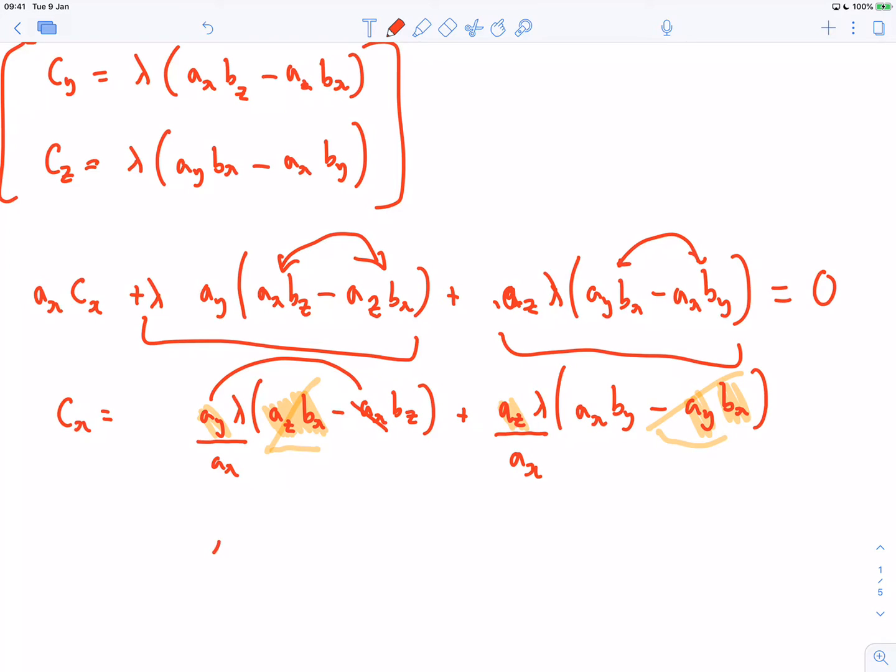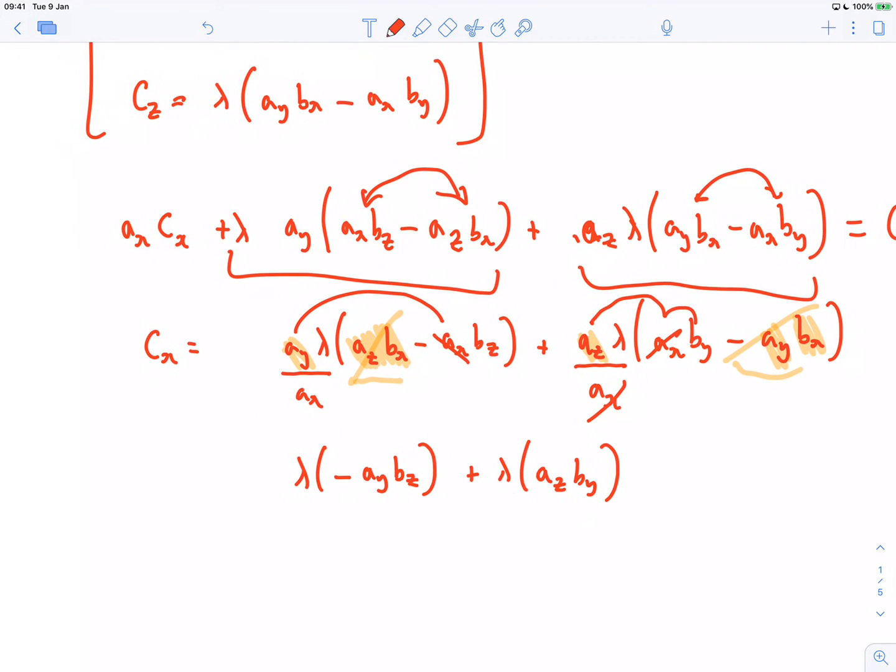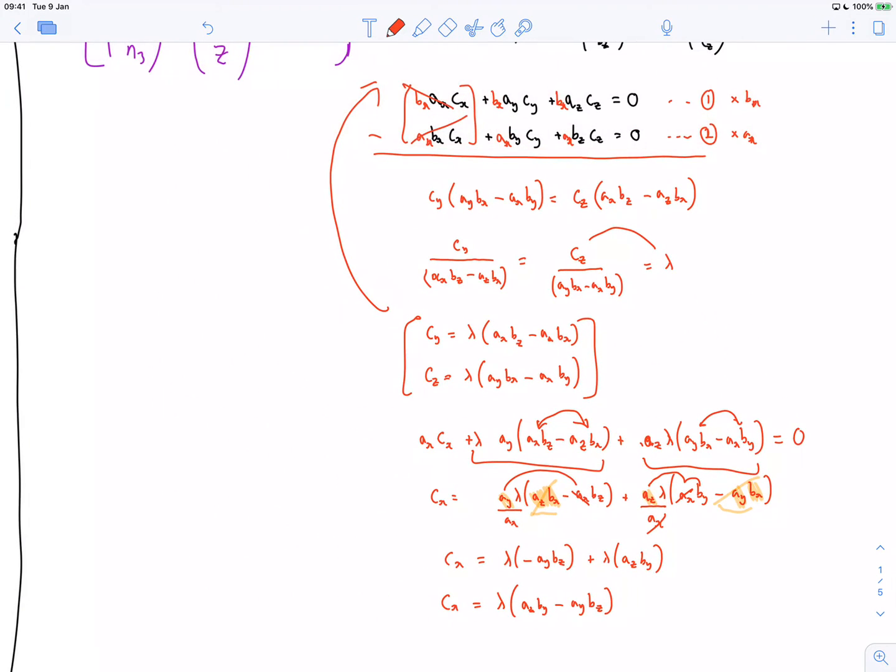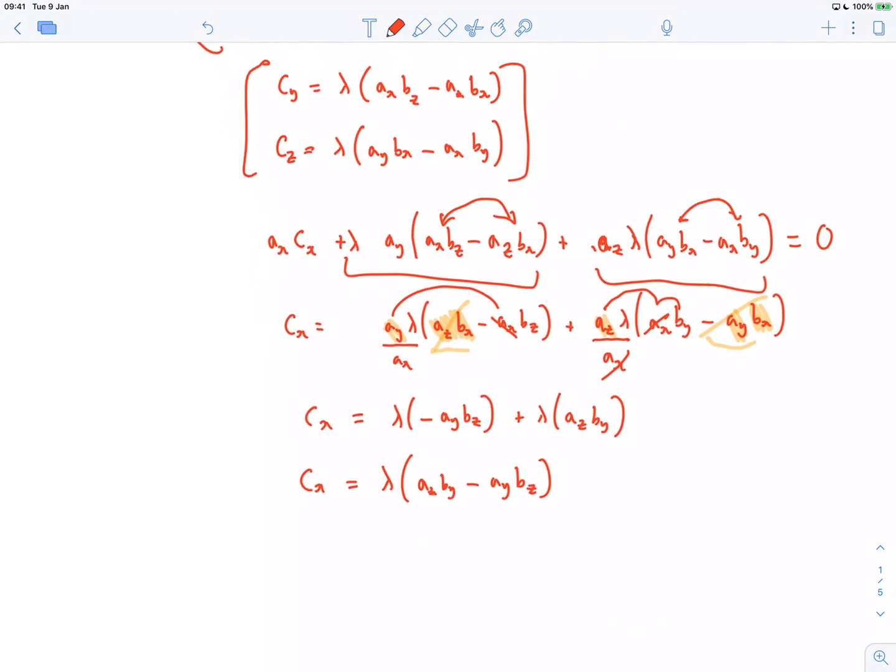So I've actually got lambda lots of minus AYBZ here. And then over here, I've got AZ times AXBY. But then this AX is going to cancel with this one. So I've actually got plus lambda lots of AZBY. So now, drum roll, I've got CX equals lambda lots of AZBY minus AYBZ. And actually, you could have jumped to that straight away by symmetry if you really wanted to.